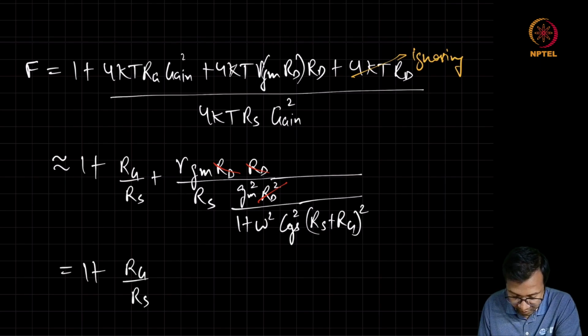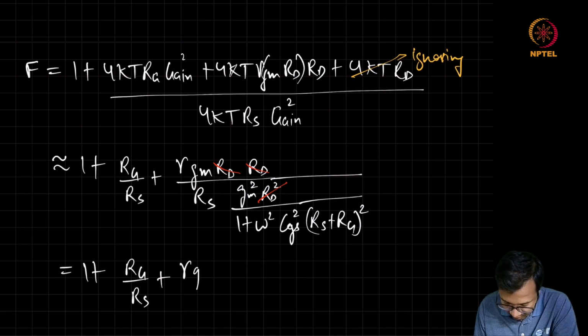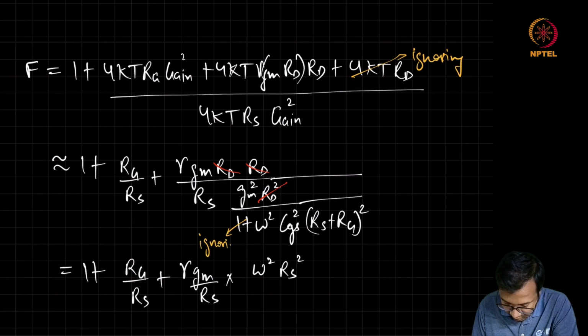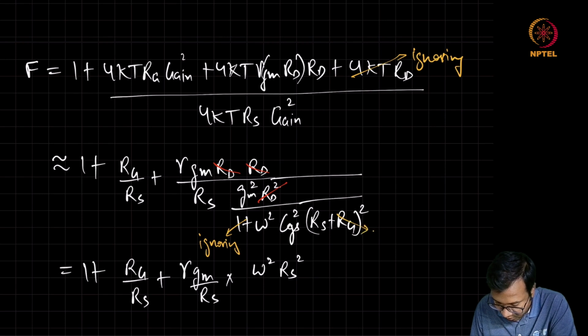Rg by Rs plus gamma. So here we get Gm by Rs multiplied by this omega square, in the numerator we have Rs square, because Rg has been ignored. So we have done two things, this as well as this.